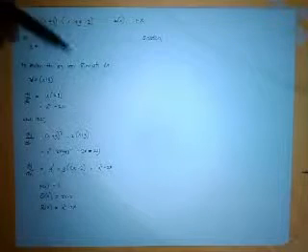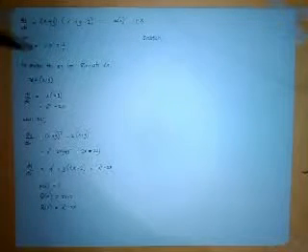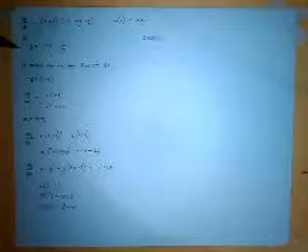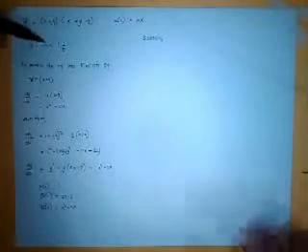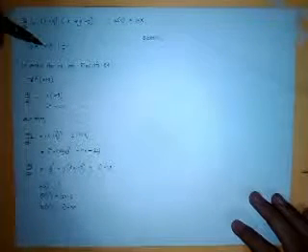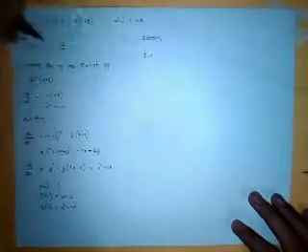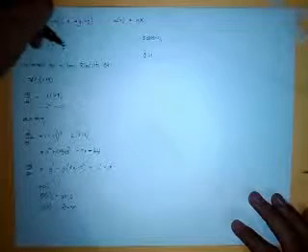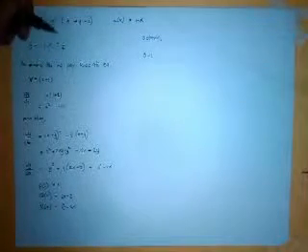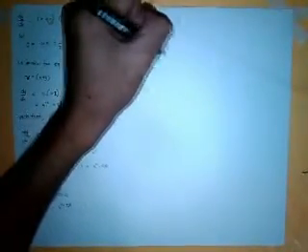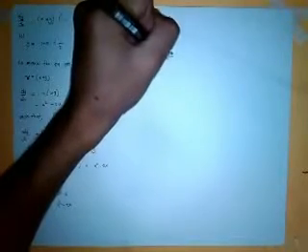If we derive it in terms of x, the derivative of 1 with respect to x is 0, minus the derivative of x, that is 1, plus the derivative of 1 over z, that is negative 1 over z squared dz over dx.